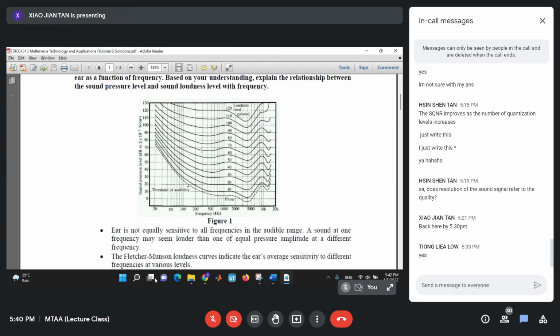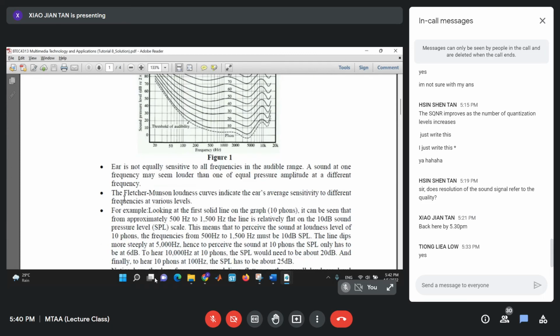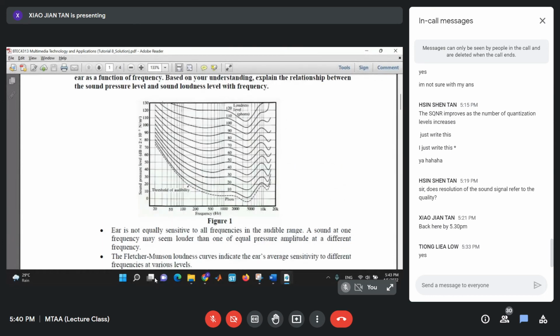So the Fletcher-Munson loudness curve indicates the ear's average sensitivity to different frequencies at various levels. This curve is actually showing that the human ear is more sensitive at different levels across different frequency ranges.